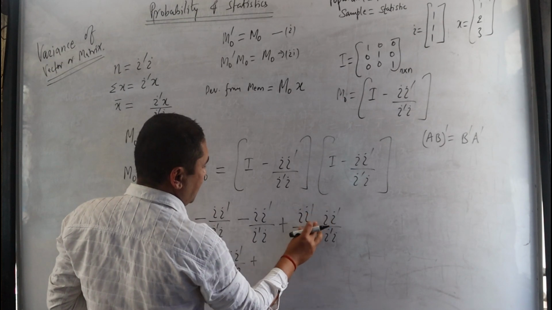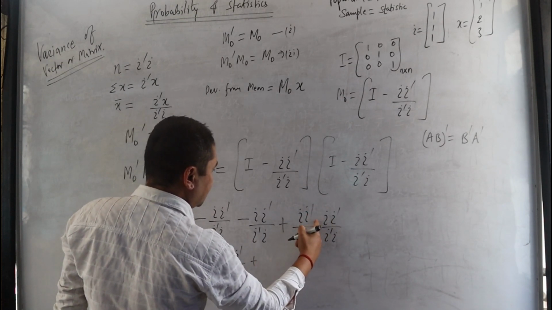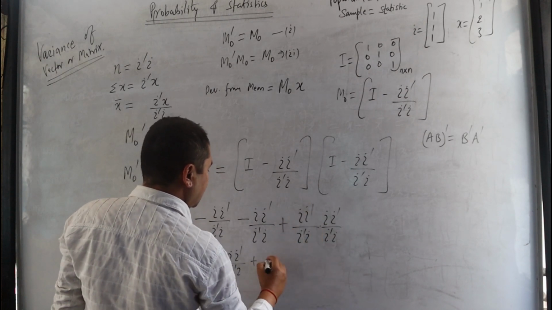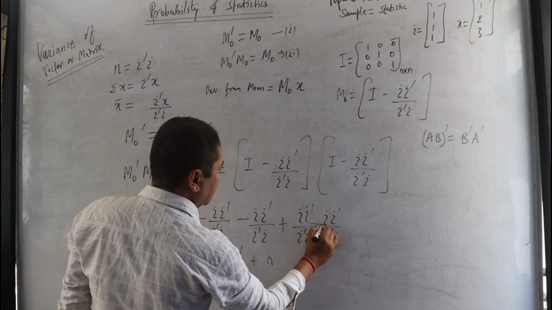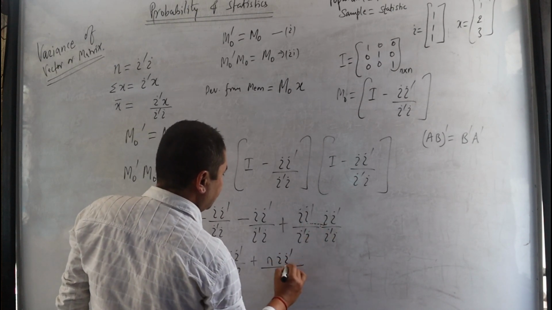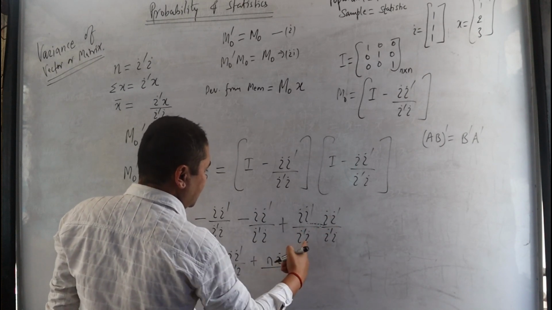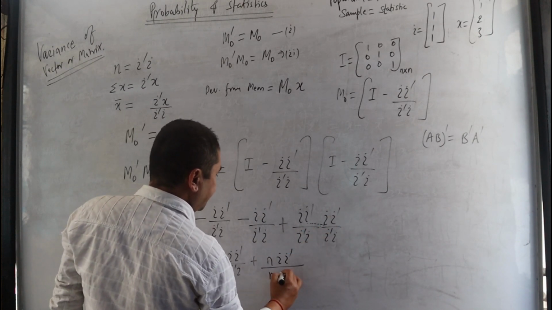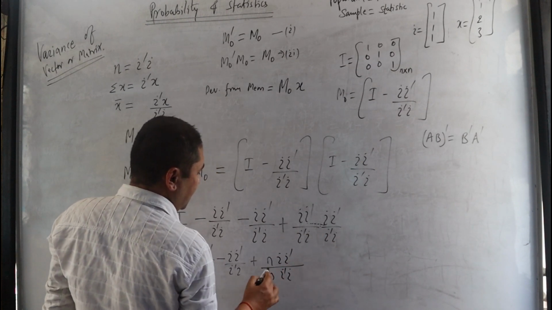So if we cancel them out, let me write n for this I transpose I, because it's constant, and we can take it to this place, n into, and then we are left with I, and this part, I transpose divided by n. For this part, we can write n for both or any one of them, so let me write it as n to this part, and we are left with I transpose I, and we can cancel this.